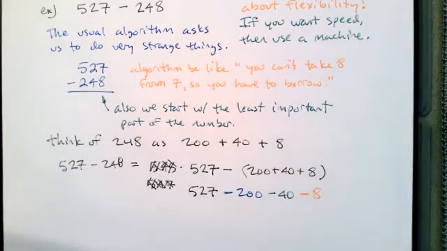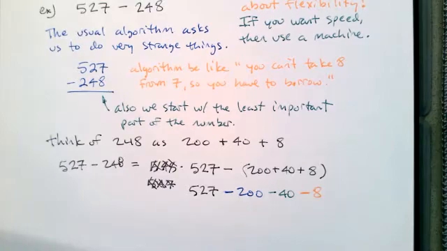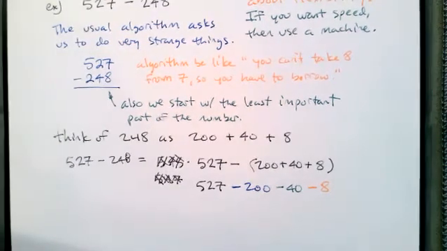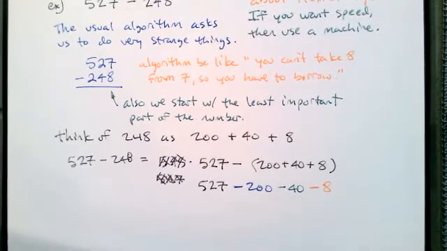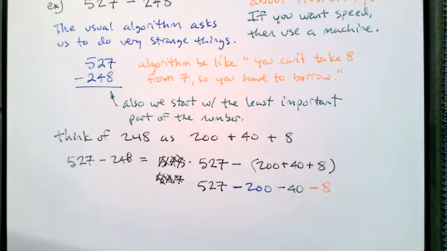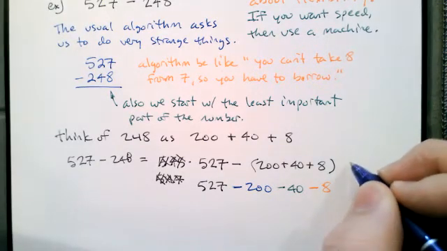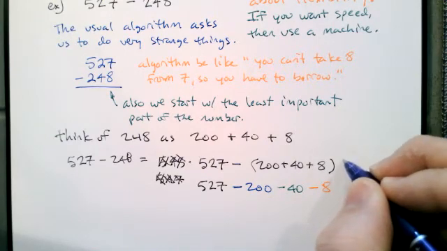And so I usually refer to this as subtract in parts, subtract in pieces. I'm inconsistent in what I call it, so sorry about that. So I think of this as subtract in places. Subtract by place.